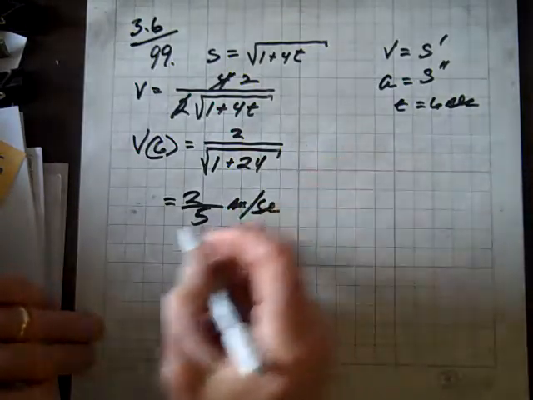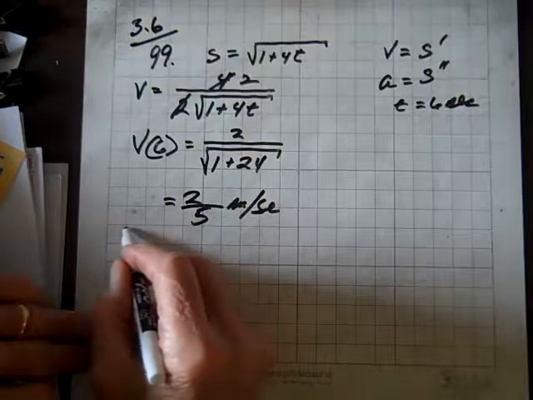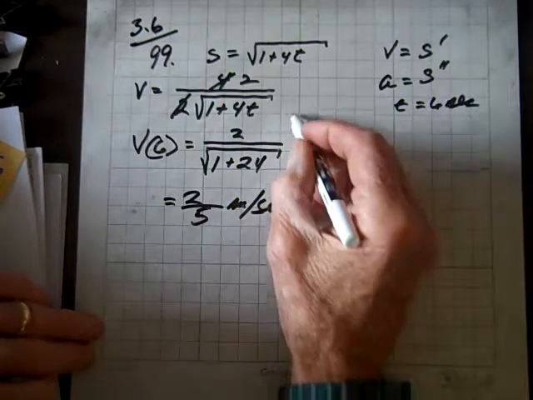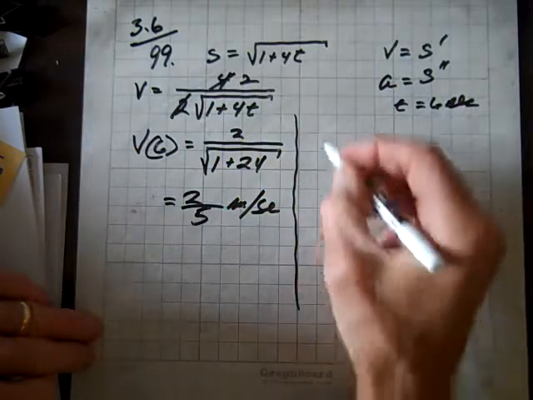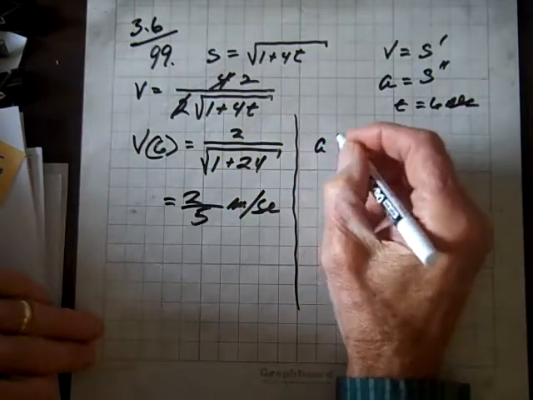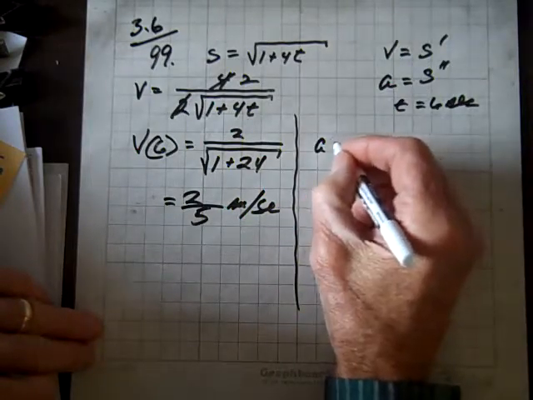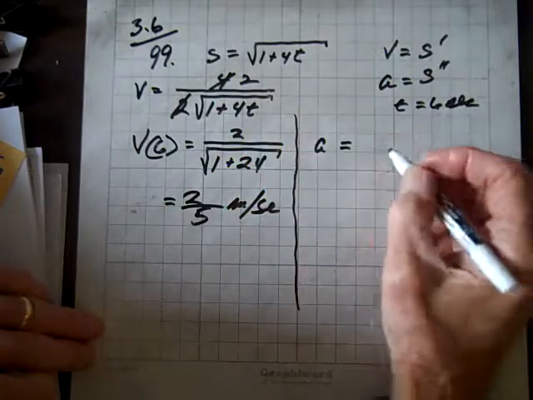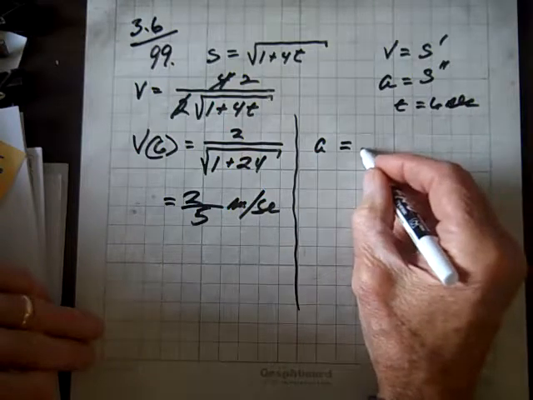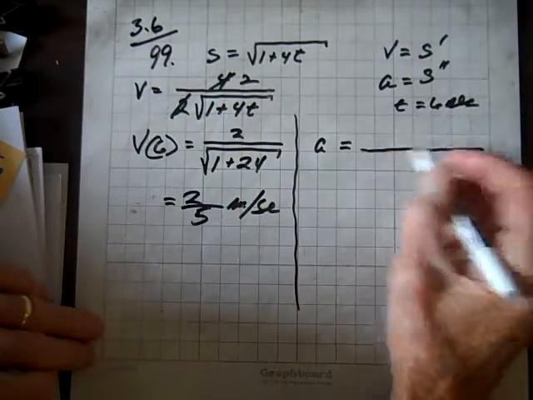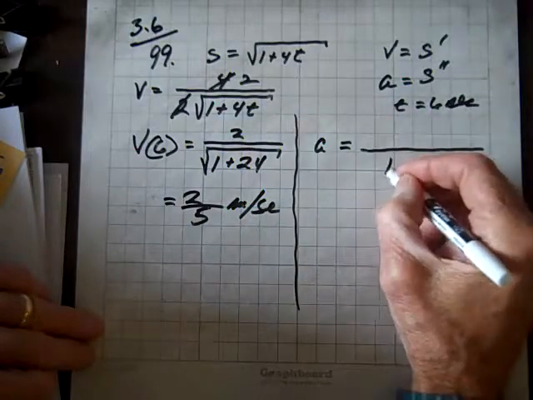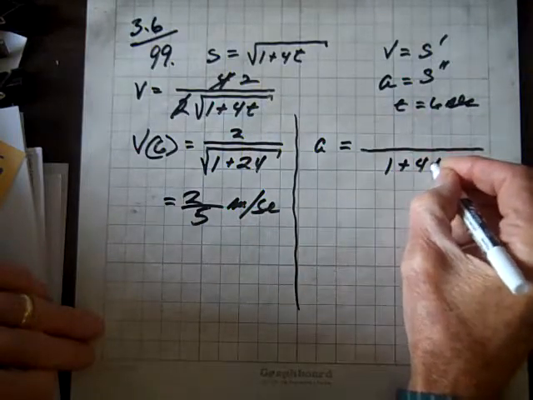Now, let's find the acceleration, and we'll do that over here. So a equals, and now we're taking the derivative of the velocity, so we'll use the quotient rule, and we square the denominator, and we get 1 plus 4t.